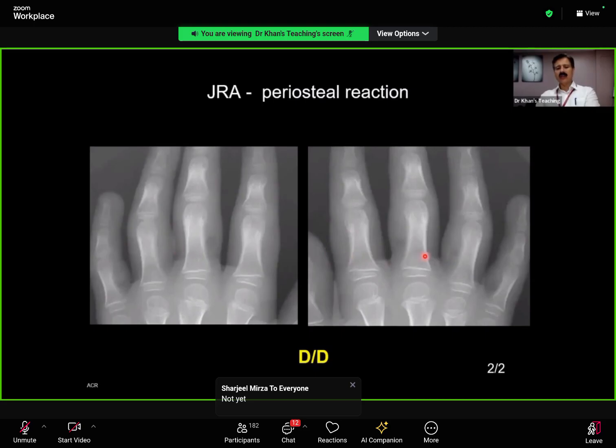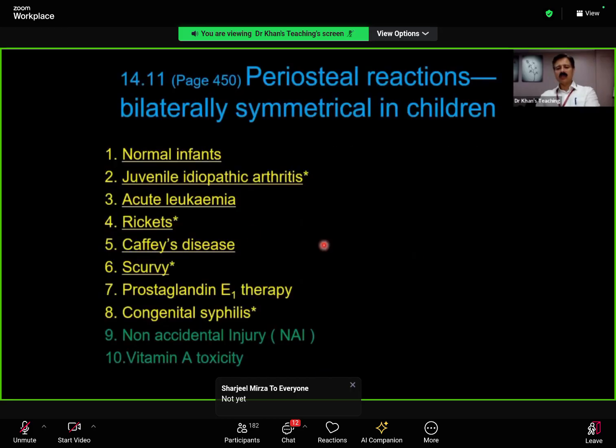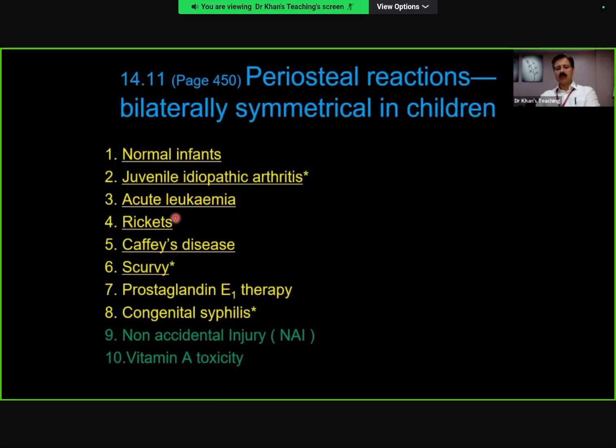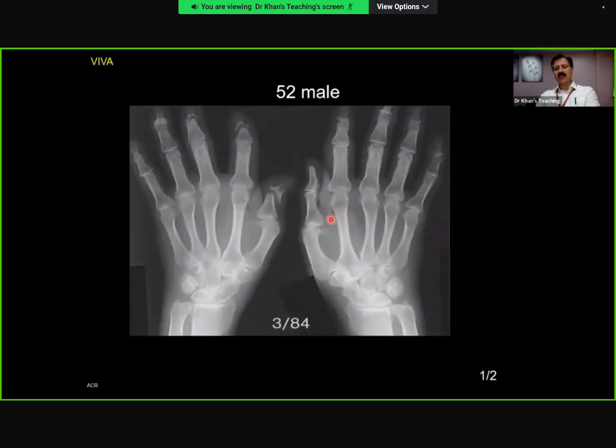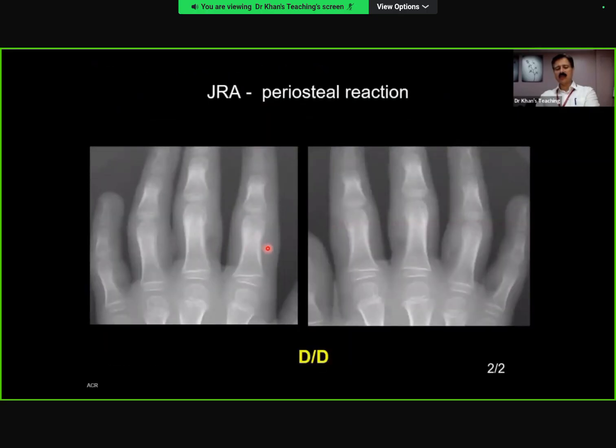Small bones of the hands, if you ask me, it cannot be acute leukemia, it cannot be rickets, nothing, and because the age of this patient is not an infant or a neonate.